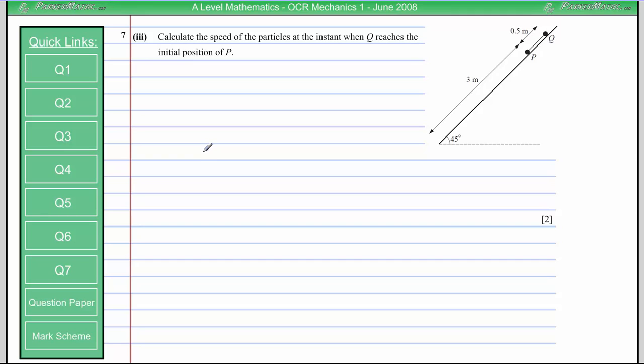Question 7, part 3. Calculate the speed of the particles at the instant when Q reaches the initial position of P. So Q is going to go down the slope, and when it reaches P it will have travelled 0.5 metres, and we're interested when it's travelled that 0.5 metres, what will its speed be? We'll start by writing down our values for suvat. The displacement, as we've just said, is 0.5 metres.